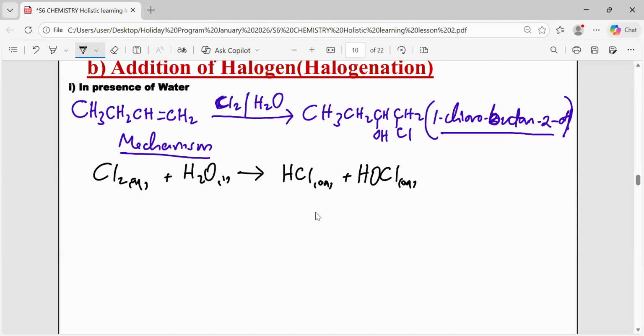So you need to know the name, hydrogen chloride. And then what will be the next step? So we are going to get that butene, we add it.